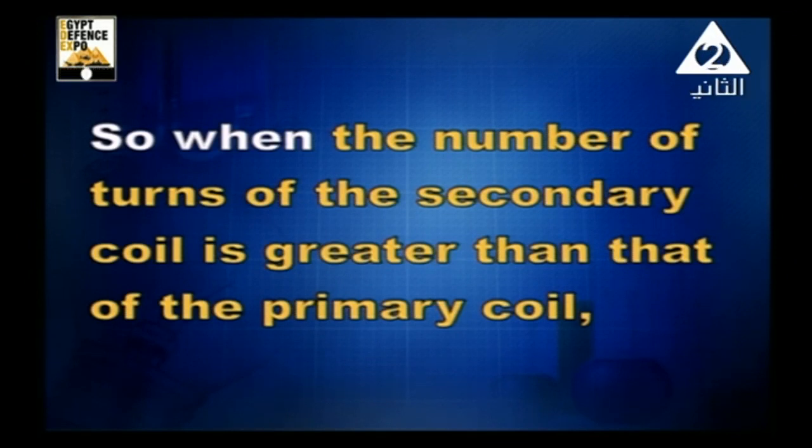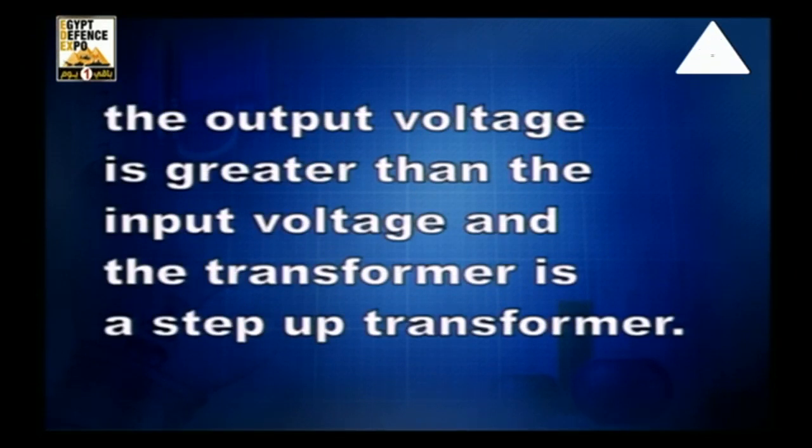When the number of turns of the secondary coil, the output coil, is greater than the number of turns of the primary, the output voltage is greater than the input voltage, and that transformer is a step-up transformer. So we obtain a step-up transformer when the number of turns on the secondary coil is greater than the turns on the primary coil.